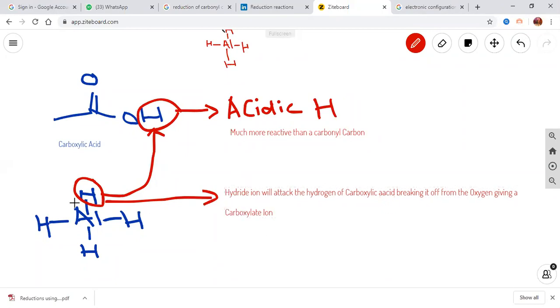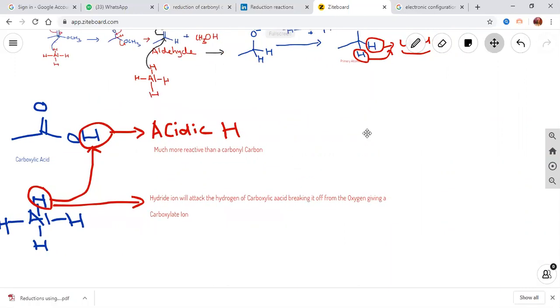So this hydride ion, after breaking from the aluminum, will attack this acidic hydrogen of the carboxylic acid, breaking it off from the oxygen, giving a carboxylate ion.